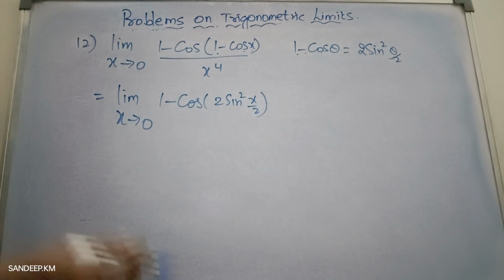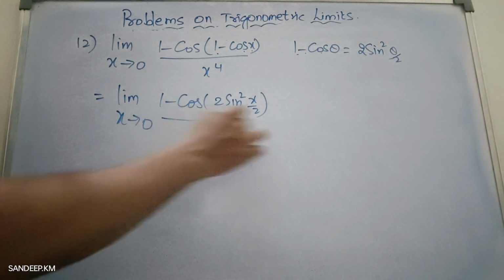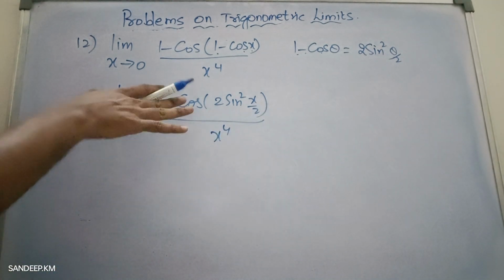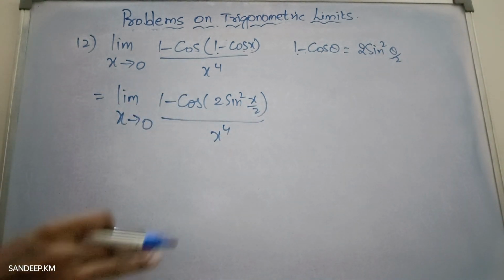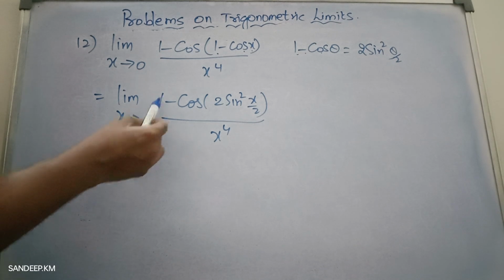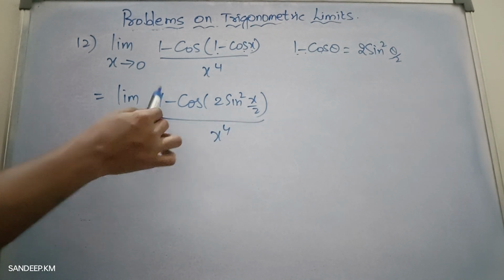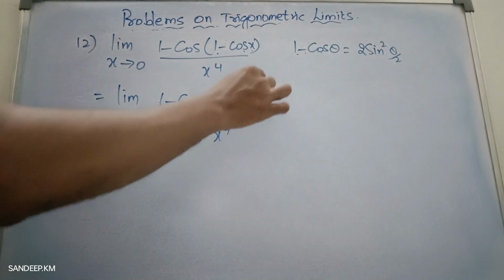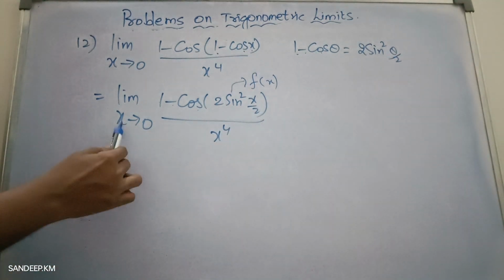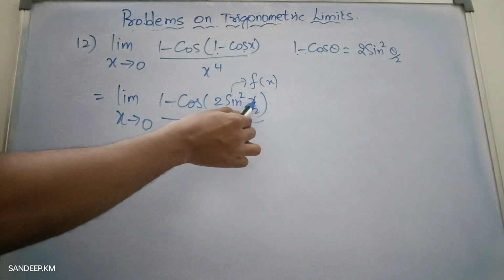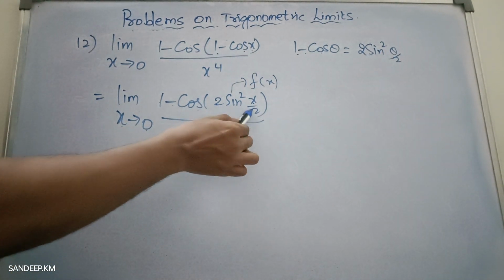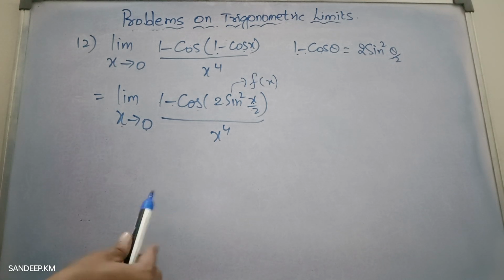Okay? Dear students, I am not going to take a lengthy process. Let me make it simple. The numerator looks like it is in the form 1 minus cos f of x. When x approaches 0, substitute x as 0, what will you get? 2 sine square 0, and 2 sine square 0 value is 0 only.